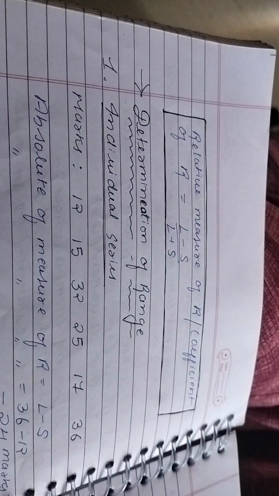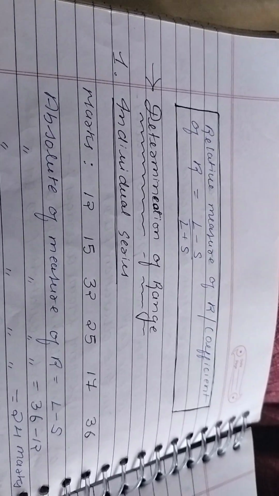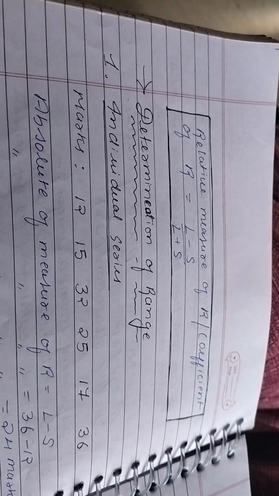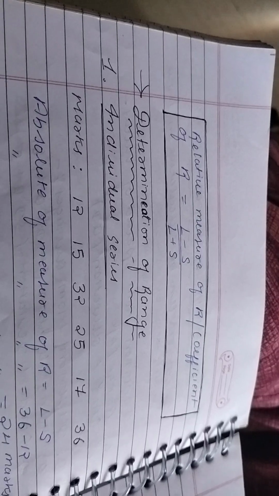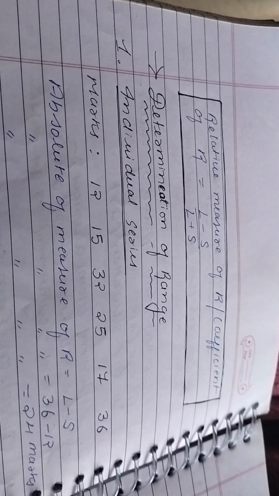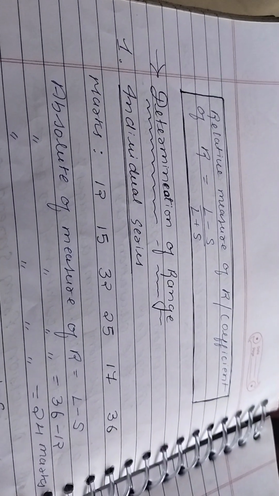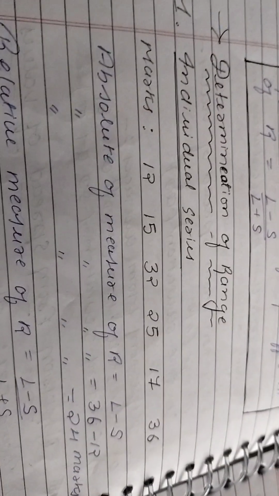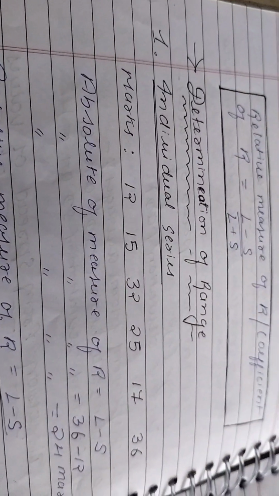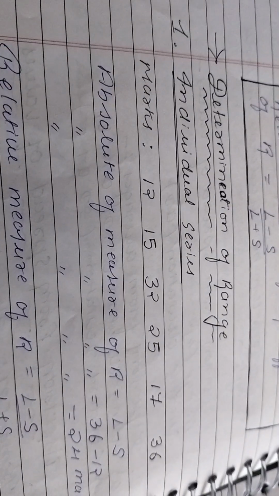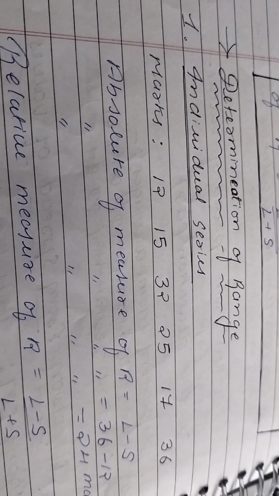Now in the determination of the range, we will make the questions according to the series, like the individual series, discrete series and continuous series. This question is an individual series because there is an absence of frequency.